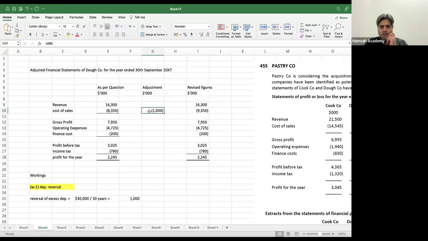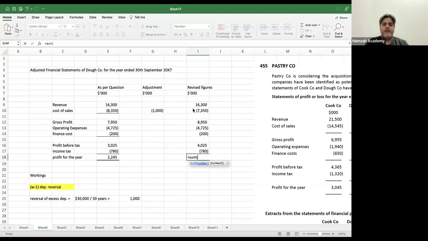And this is going to be 8350 minus 1,000. This is going to be the sum of these two. This is going to be the sum of these three. And then this is going to be the sum of this. Right? Okay.